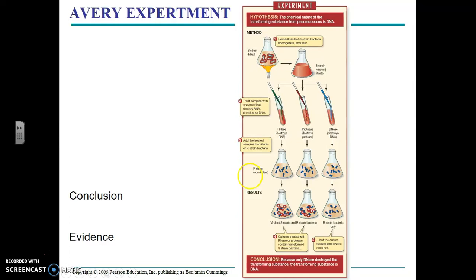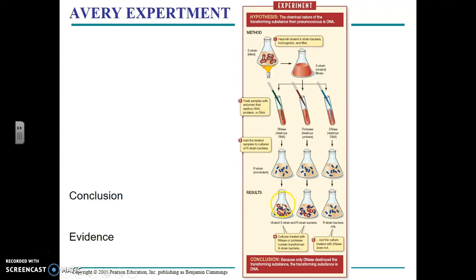He treated the S bacteria with RNase, and it was heat-killed, just like in the Griffith experiment. RNase destroys RNA, and he put it with the R bacteria, just like in the Griffith experiment. And what he saw is that in this experiment, the R bacteria were transformed.